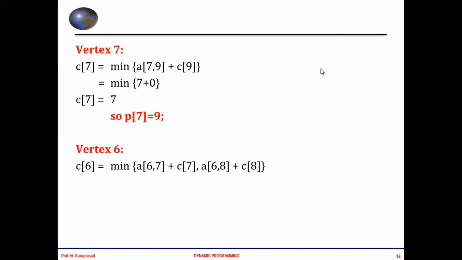So don't you think my equation reduces to this: minimum of 6 plus 7, comma 2 plus 3, which is nothing but minimum of 13, comma 5. So 5 is the minimum. So my C of 6 will be 5. Got it, all of you?